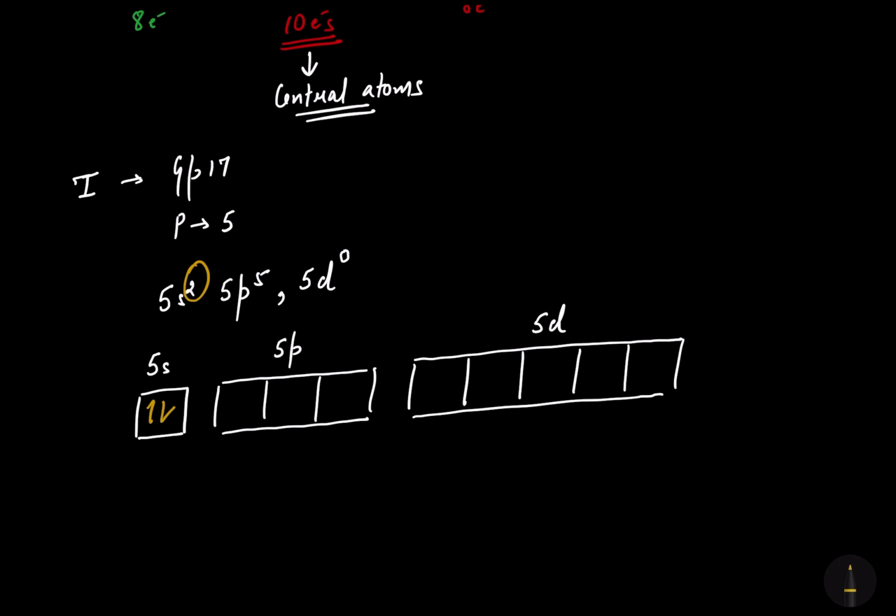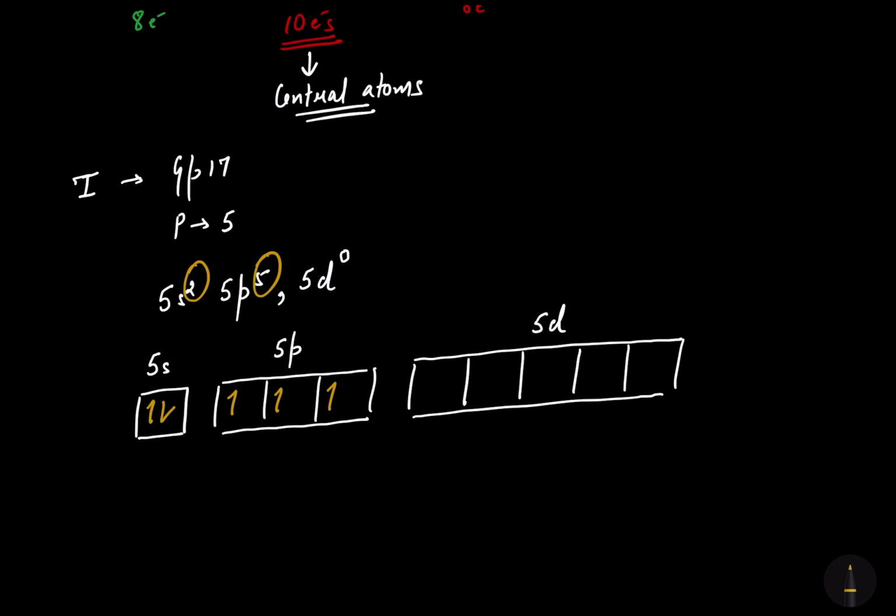Now let's come to the 5p. The 5p is having 5 electrons. So let's fill those 5 electrons according to Hund's rule. Hund's rule states that in case of degenerate orbitals, firstly all the orbitals will get 1 electron each. After that, pairing will start. So following Hund's rule, the first electron will be over here, the second electron in the second orbital, and the third electron in the third orbital.